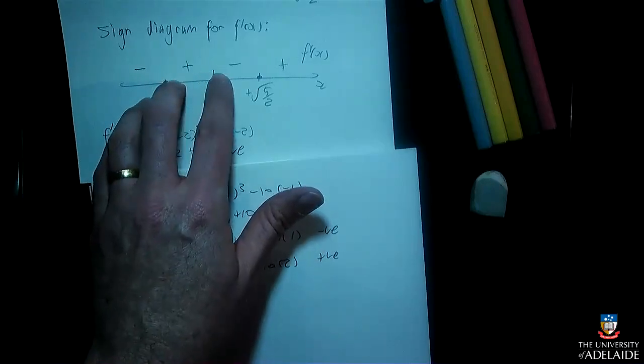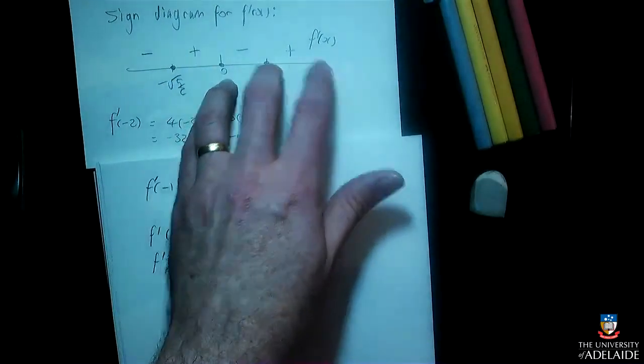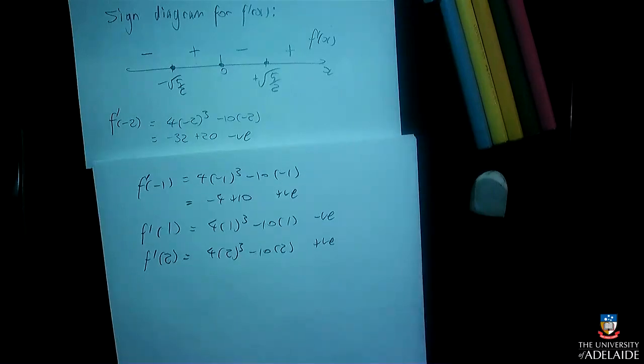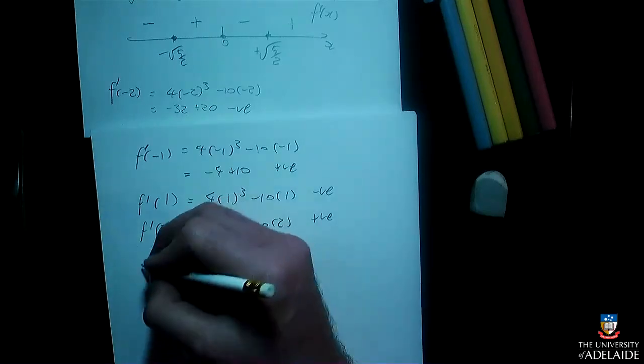Since it's increasing before and decreasing after, this is a turning point. Since it's decreasing before and increasing after, this is a turning point. And so, cool, I can tell that they are turning points. They really are. And technically, the definition of turning point said that it was a point on the graph. And so I'm going to have to give the actual coordinates.